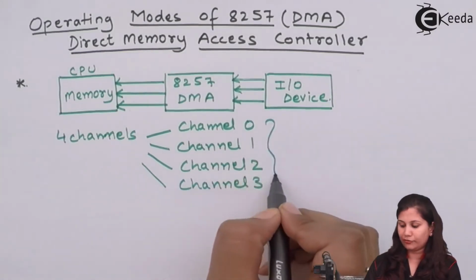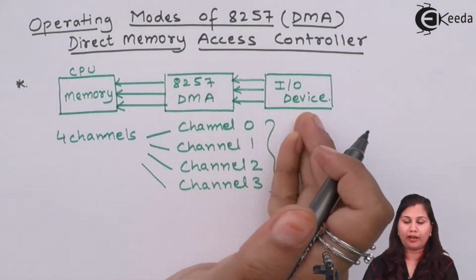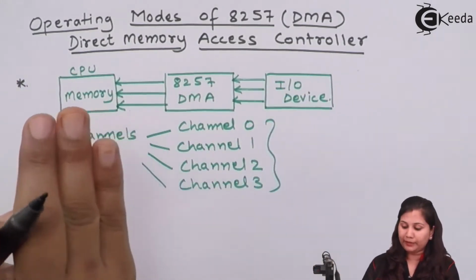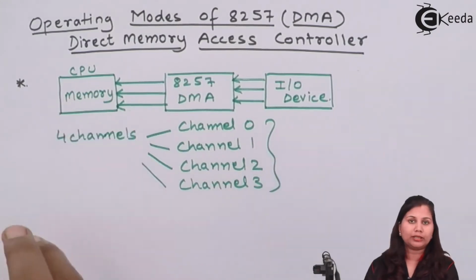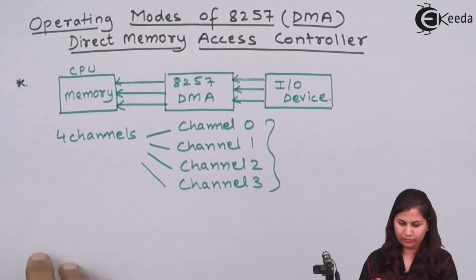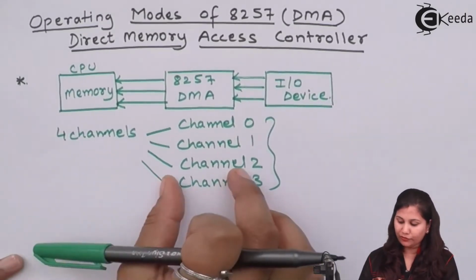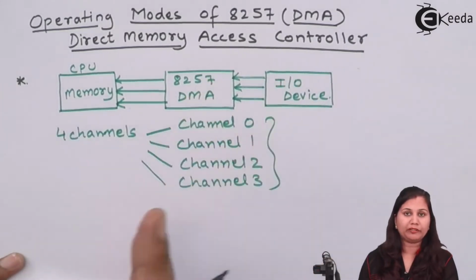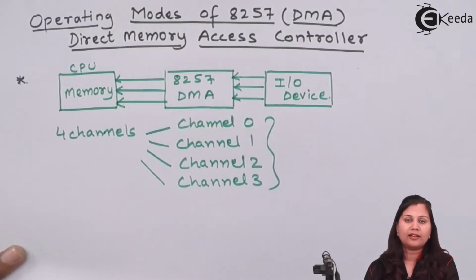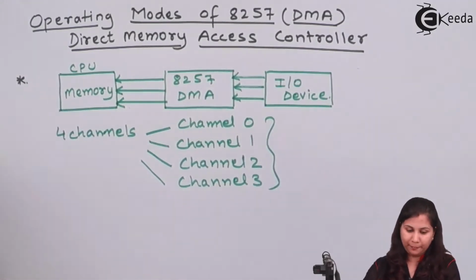These are the 4 channels which are used by the input output devices to transfer the data to the memory, or by the memory to transfer the data to the input output devices. Now there are 4 channels, so we can say that 4 input output devices can be connected, and those devices can transfer or receive the data from the memory.